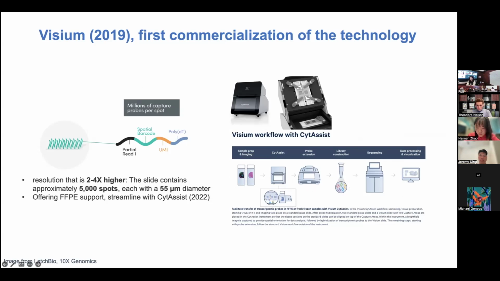And that's probably why, even if it's a really low resolution, and I was at some point joking around, is it really spatial, because you're getting 5 to 10 cells within these 55 micron diameters with the gap especially. But still, people have generated so many data sets on Visium because the workflow was easy enough to implement.